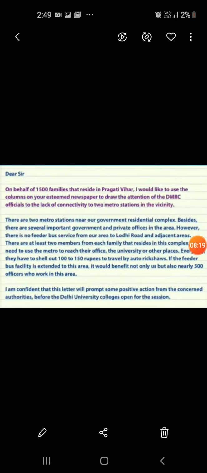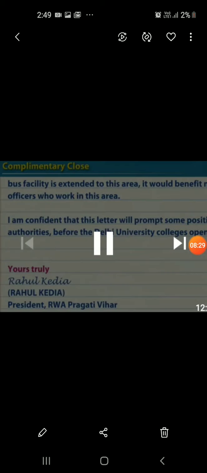Now you can see very clearly the salutation, and then the body of the letter divided into 3 neat paragraphs. Here we can see the complimentary close, yours truly, and see how the writer has written his name and signature. And then he has written his designation also.